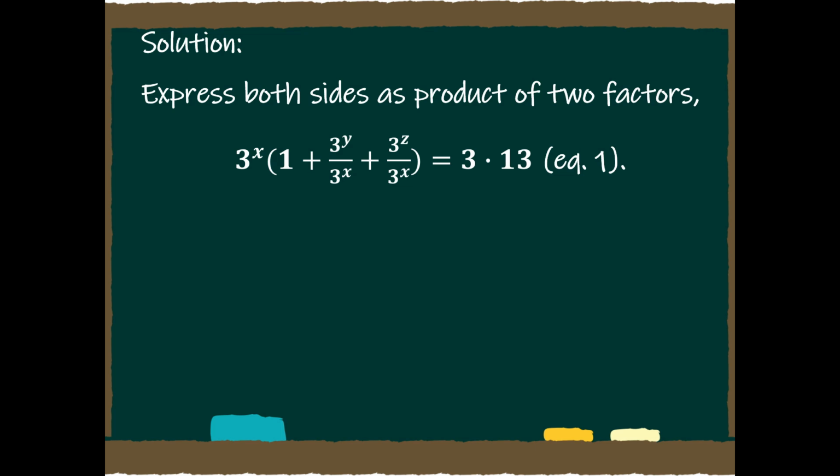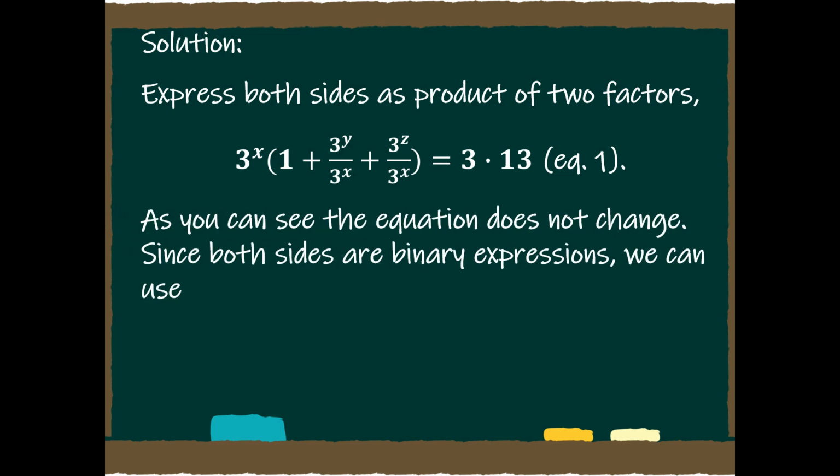That is outside the quantity. If you distribute 3 raised to x in the quantity, it gives back 3 raised to x plus 3 raised to y plus 3 raised to z. And for the right side of the equation, we have 3 times 13, and that is equal to 39.